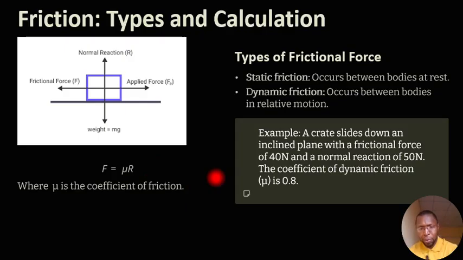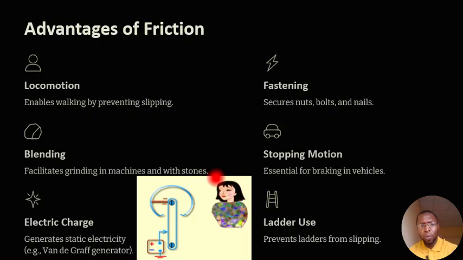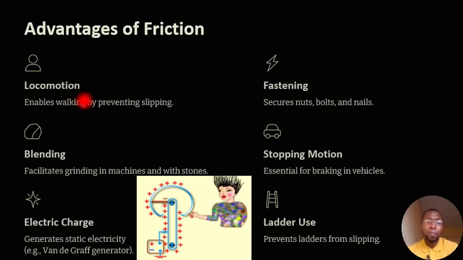All right. So what then are the advantages of friction? Does friction really have an advantage? Yes, friction has advantages. And one of the advantages is that it helps locomotion, it helps movement. Do you know that without friction, you won't be able to walk?